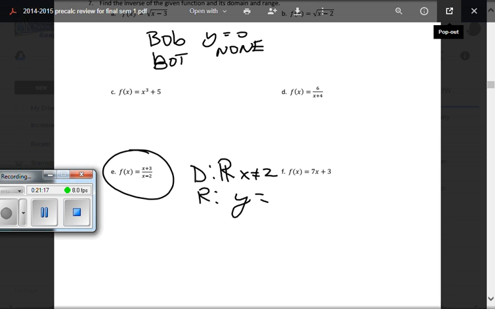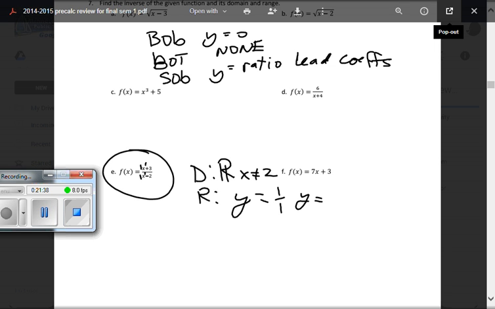All right, on to same on both: y equals a ratio of the lead coefficients. So this is the same on both because the degree on the top is 1, the degree on the bottom is 1, and the lead coefficient is a 1 and a 1. So it's y equals 1 over 1, which means y equals 1.